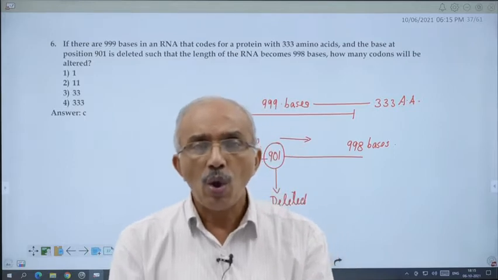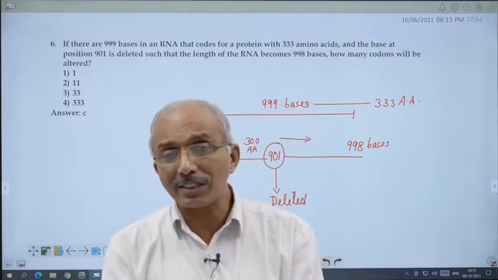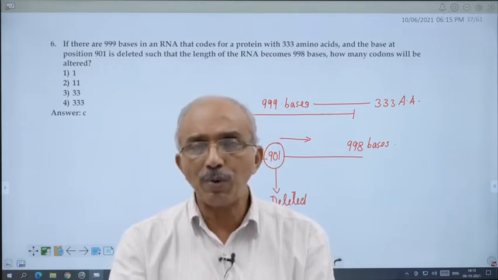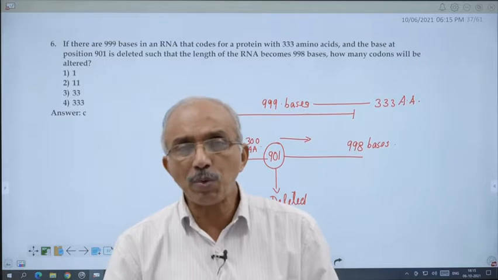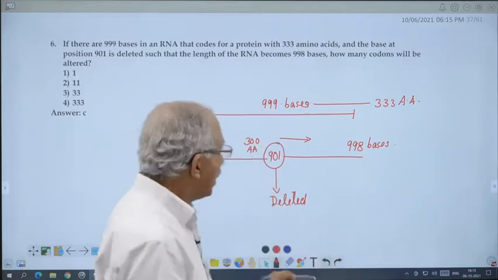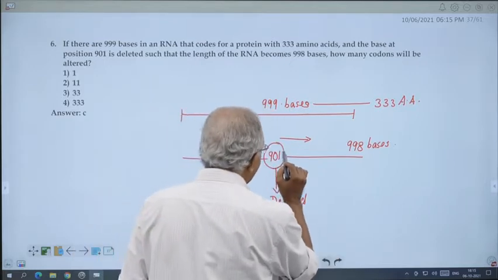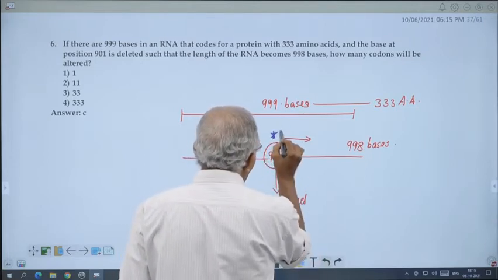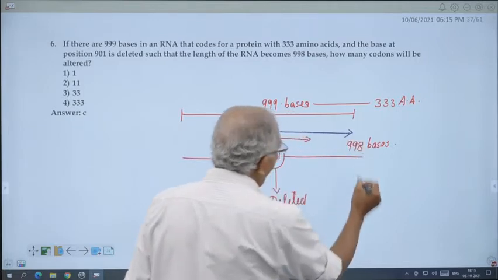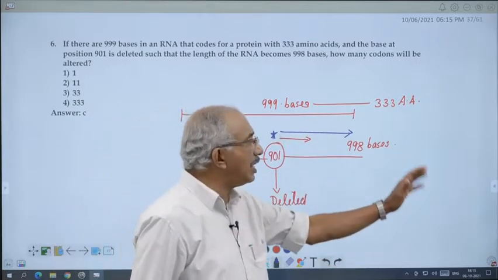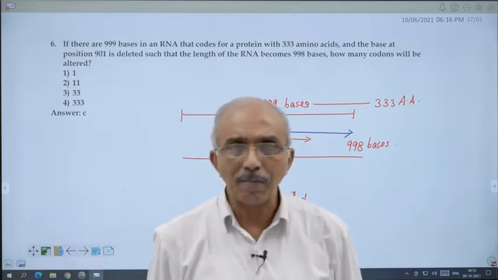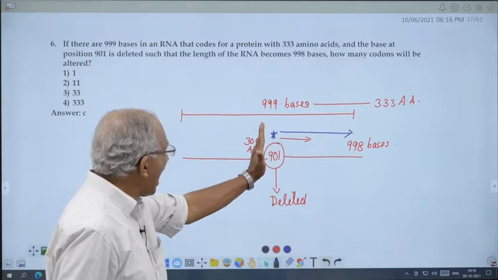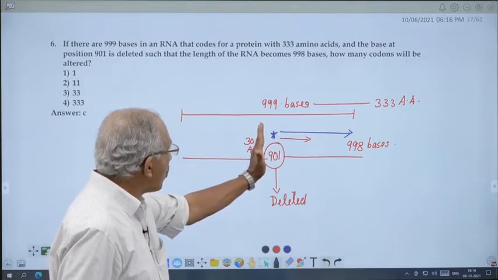Deletion of 1 or 2 bases causes frame shift mutation. What is frame shift mutation? It is a mutation which affects from the point of mutation onwards. Up to this, 300 amino acids are safely added in the polypeptide chain.